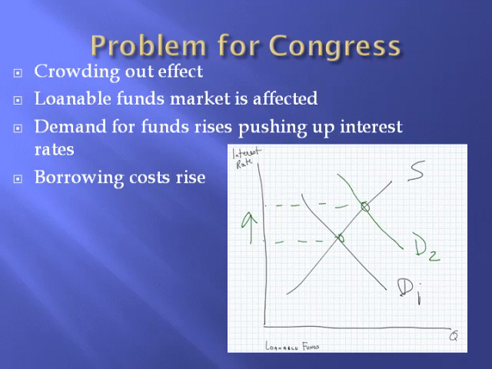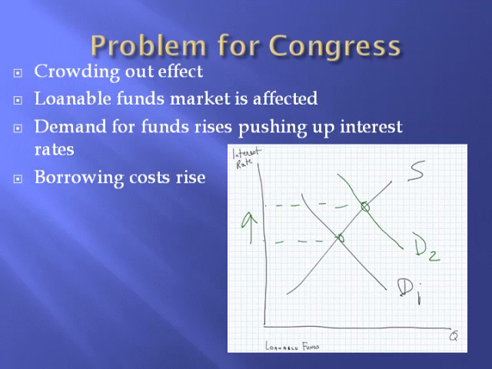So when Congress spends money it doesn't have, it needs to go and borrow it in the loanable funds market. In other words, when Congress runs budget deficits, they increase the demand for loanable funds.